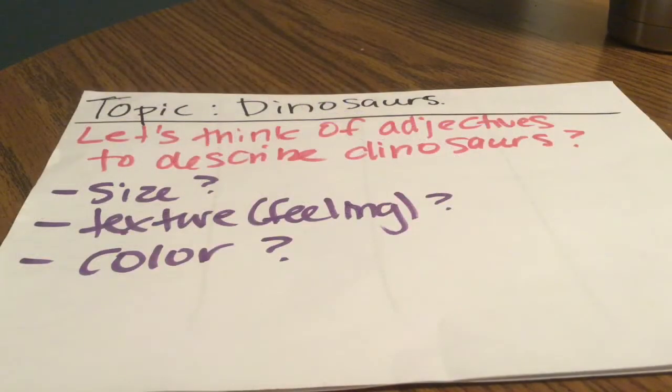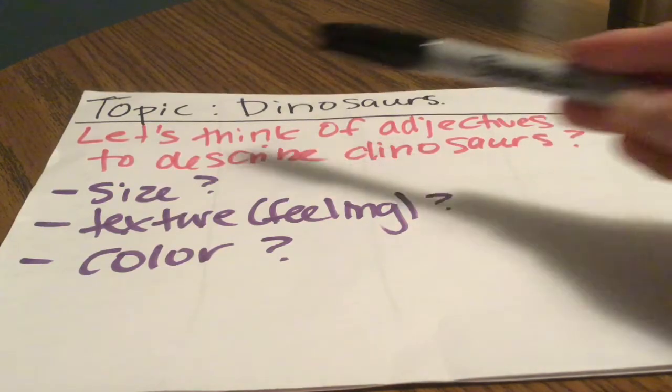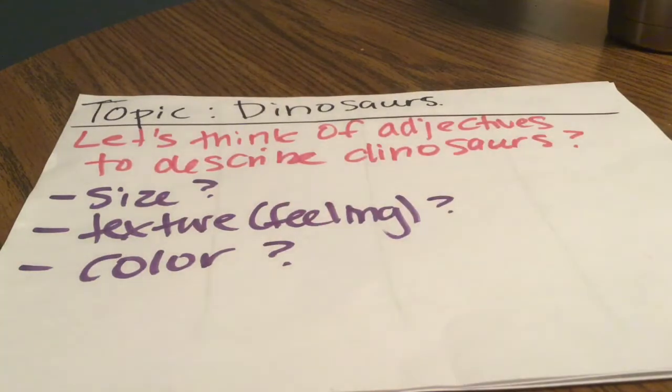As I mentioned, our topic is dinosaurs in first grade, and first I would pose the question, let's think of adjectives to describe dinosaurs, to get their brain thinking about certain adjectives. The first one that I would bring up to them is size, thinking about different sizes of dinosaurs, so tall, big, fat, thin, skinny.